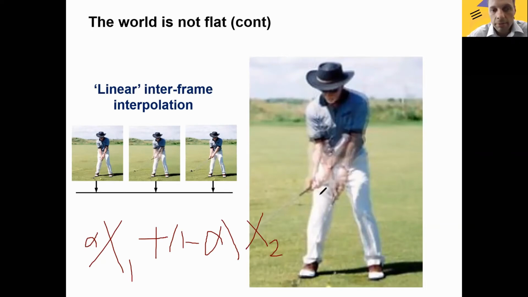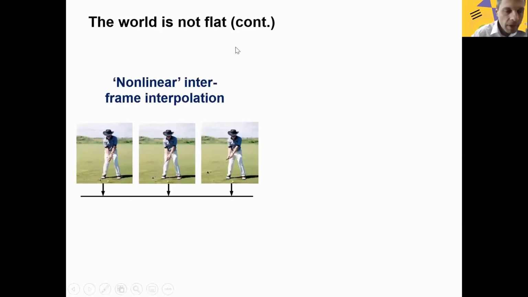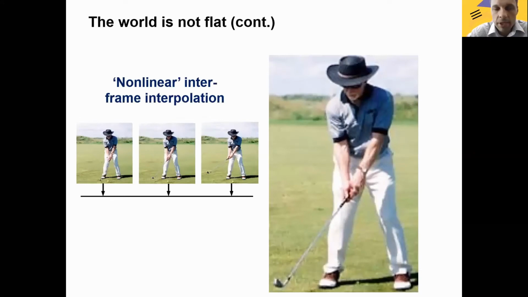The result of interpolation will look like this, which is not good. But if we take into account nonlinearities, that our frames as multidimensional points are located along some nonlinear surface, then we can get a reasonable interpolation.